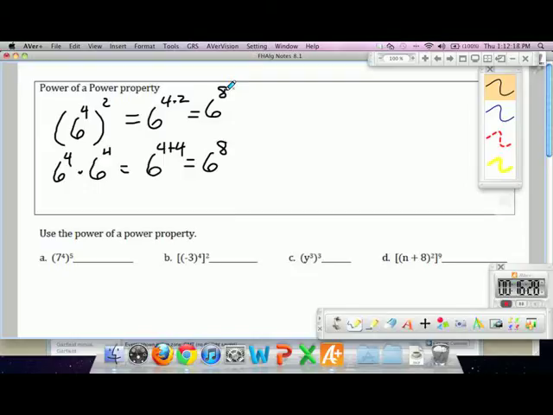In symbols, symbolically it would be, let's see, if you had a to the x all to the y, that's the same as a to the x times y.